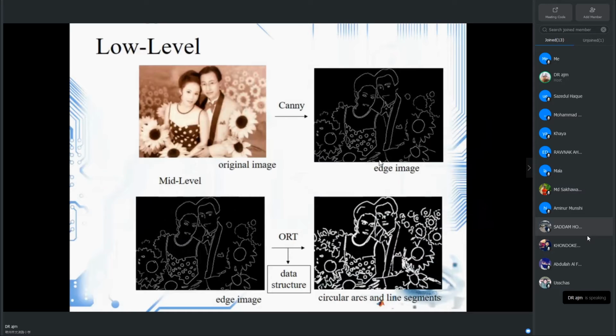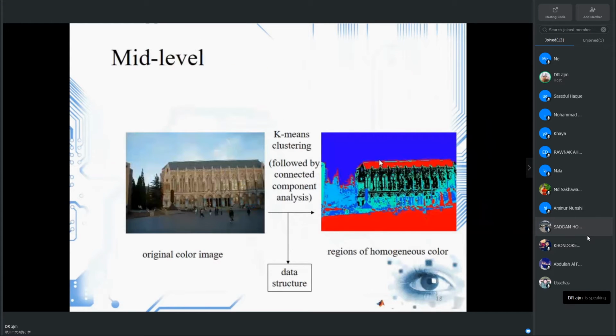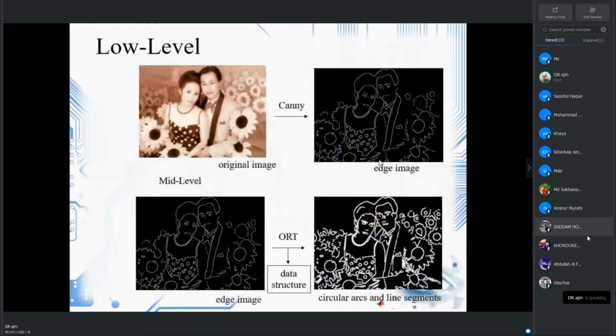I work on this photo and make it informative related to my application. Suppose I want to count the number of flowers in this. Maybe by hand it's difficult, but with this method, making the edges, we can count it more easily.